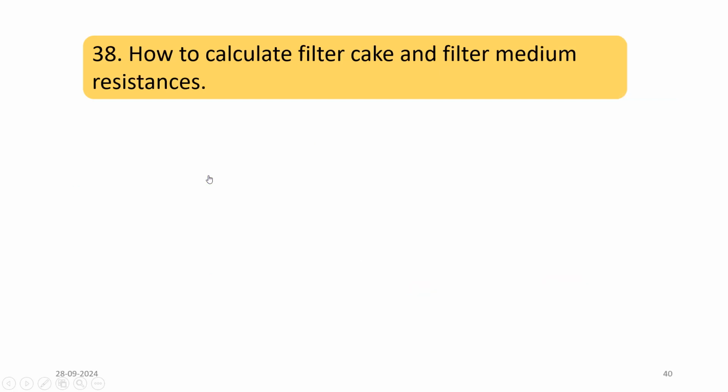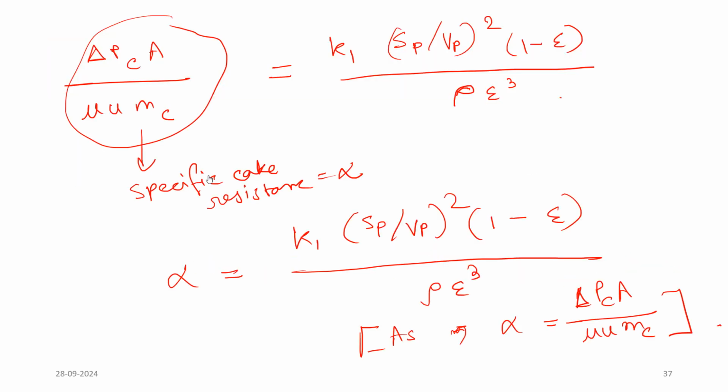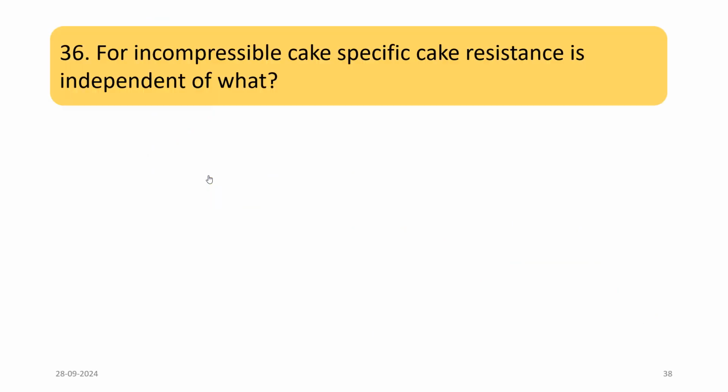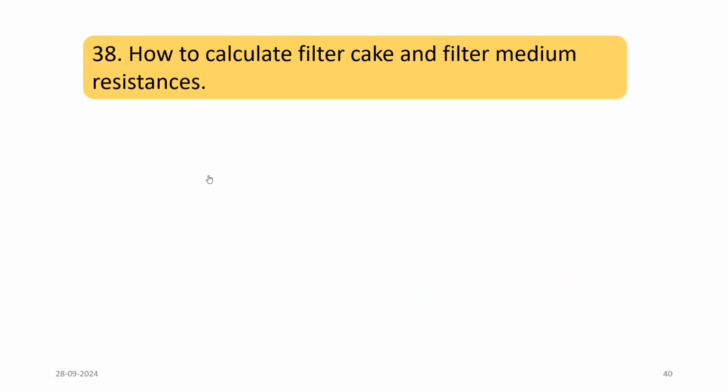So now delta Pc is mu U mc alpha divided by A, and delta Pm comes from Rm equals delta Pm by mu U, so delta Pm is Rm into mu U, right?